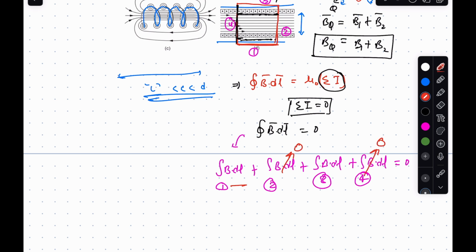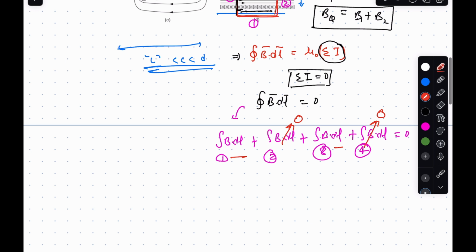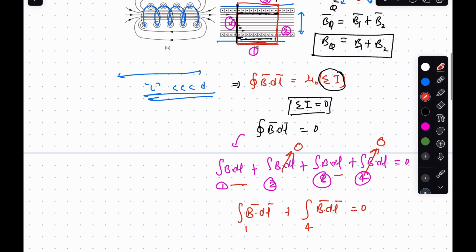Now the remaining are two parts. The same equation says that the integration of B·dl for 1 plus the integration of B·dl for 4 must be 0. Now the magnetic field here is like this, or maybe just the opposite, and here also it will be like this.